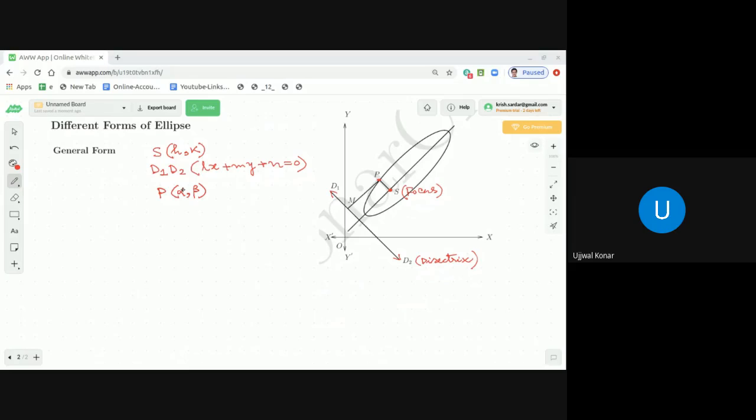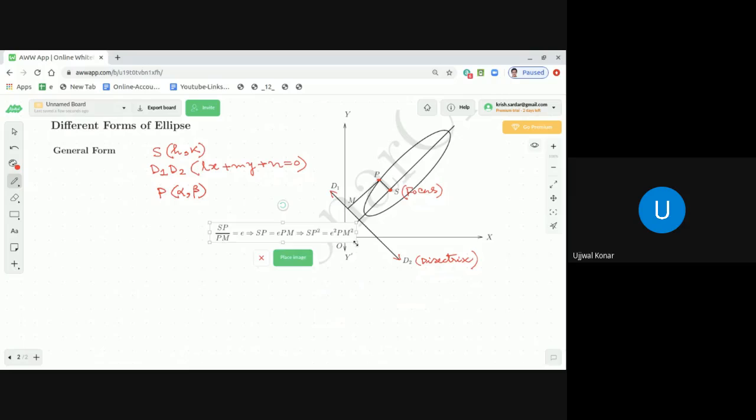Now, dear students, as you know, PS by PM is also known as the eccentricity. If you recall, PS by PM is known as the eccentricity E. So keeping this in mind, what can we write? I'm taking it from the study material and showing it to you.